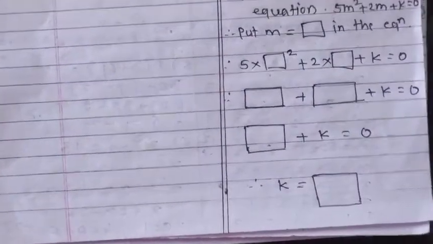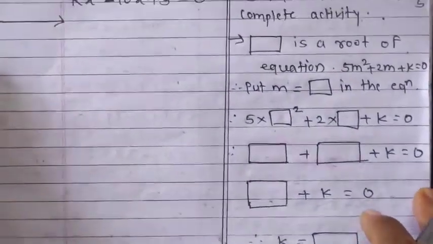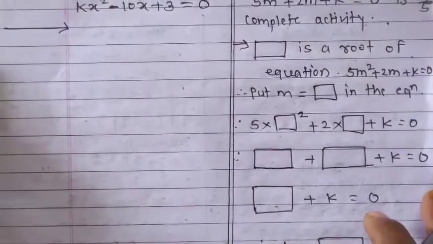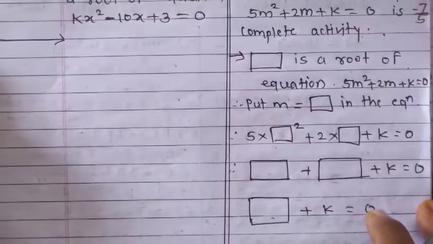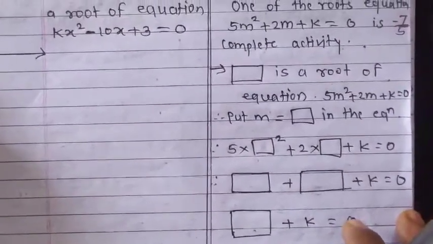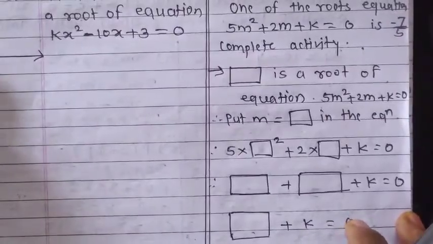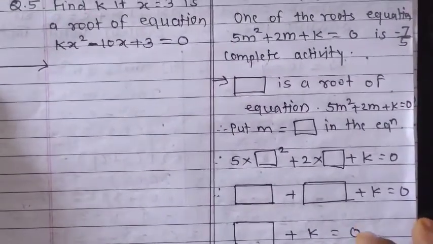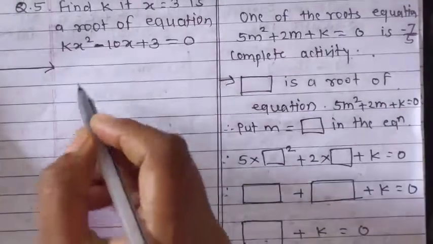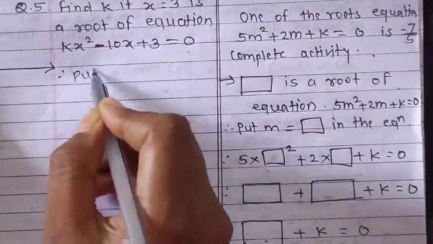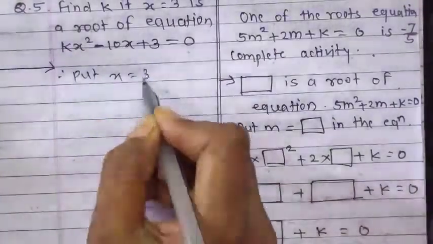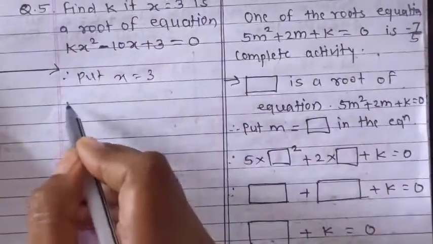Then the next question is find k if x equal to 3 is the root of the equation kx square minus 10x plus 3 equal to 0. If the solution of the equation is given, then put the value of the variable in that equation. Therefore put x equal to 3 in the given equation.